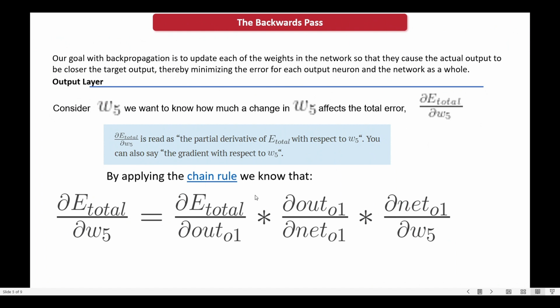E total contains the output of O1, the output of O1 contains the net of O1, and the net of O1 contains w5. This is the chain rule formula, and the intermediate terms cancel, giving dE total by dw5. This is known as the chain rule, and it is generally used for problems like backpropagation. You should listen carefully because it might confuse you.